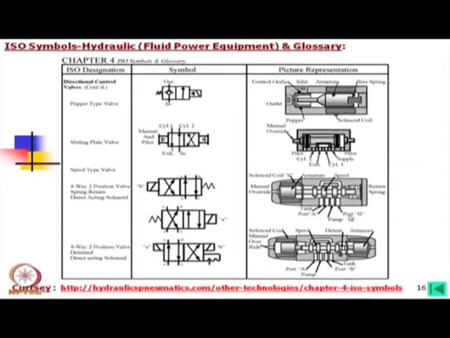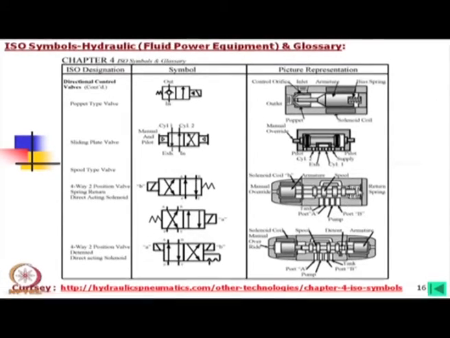So, when we say 4/2 DC valve, only then we will present this one. Now, here is a spring. The spool can be moved by this armature, but presenting this spring means it always remains in one position.